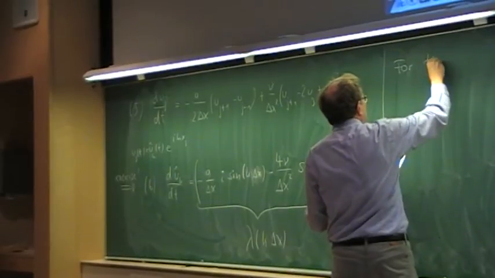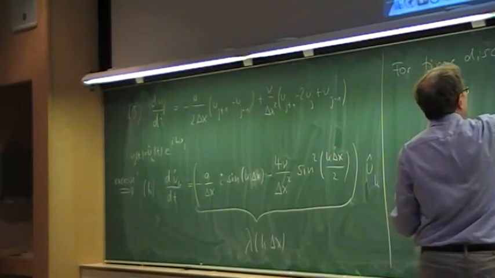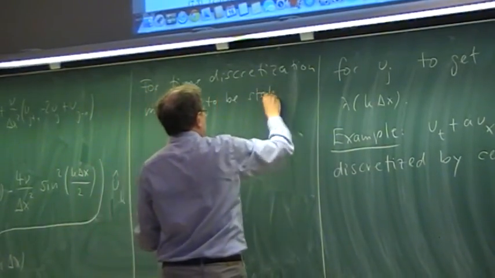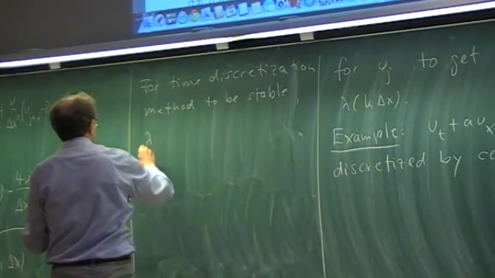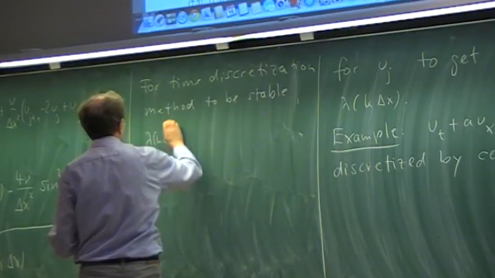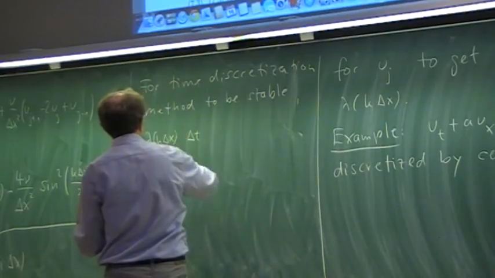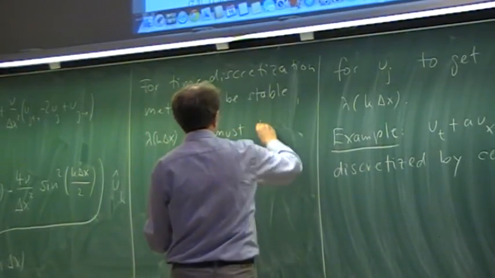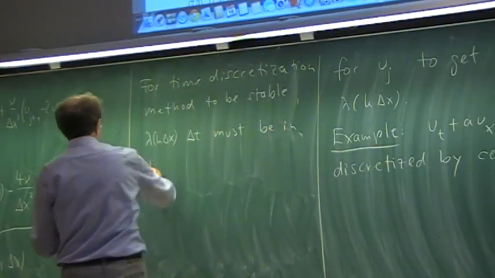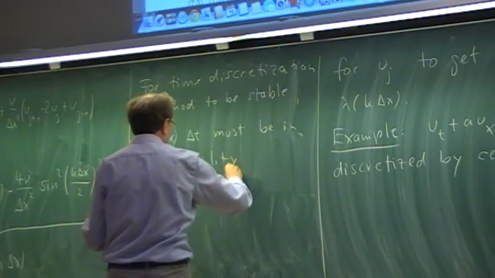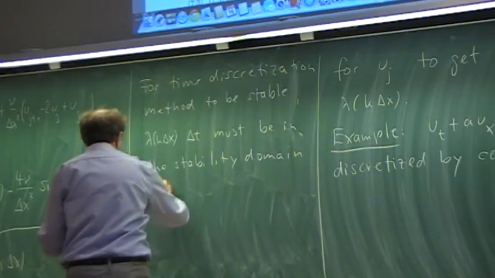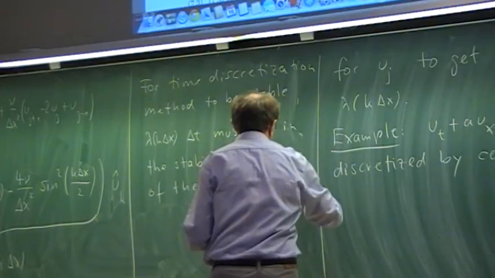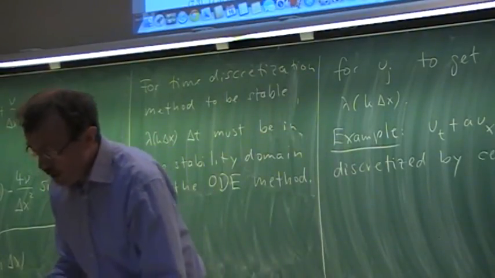So for a time discretization method to be stable, the requirement is that this lambda, which in our case depends on the wave number and delta x, times the time step delta t, must be in the stability domain of the ODE method that we use to solve our problem in time. That is the condition to get stability. So then we have to know what the stability domain is.